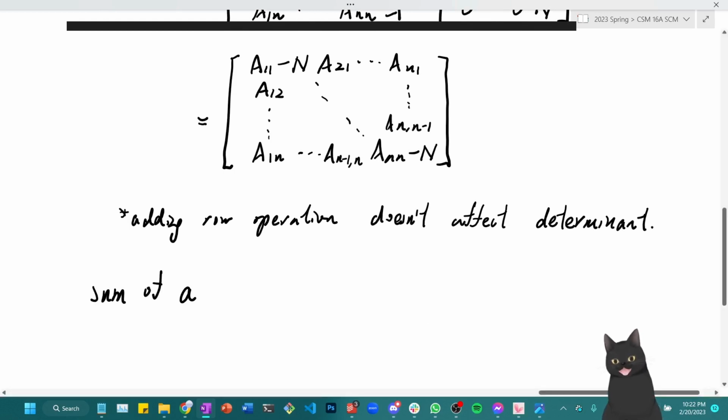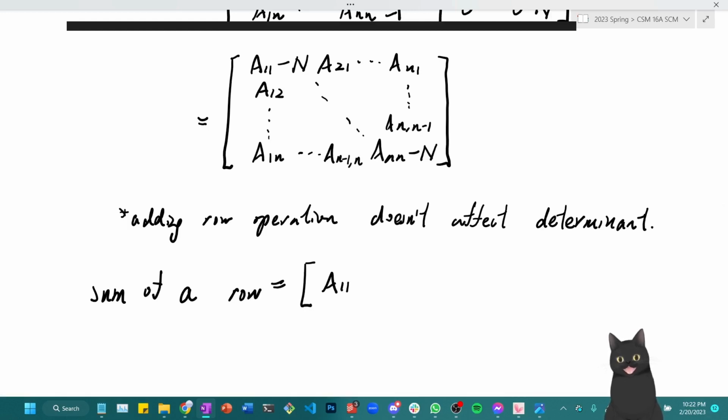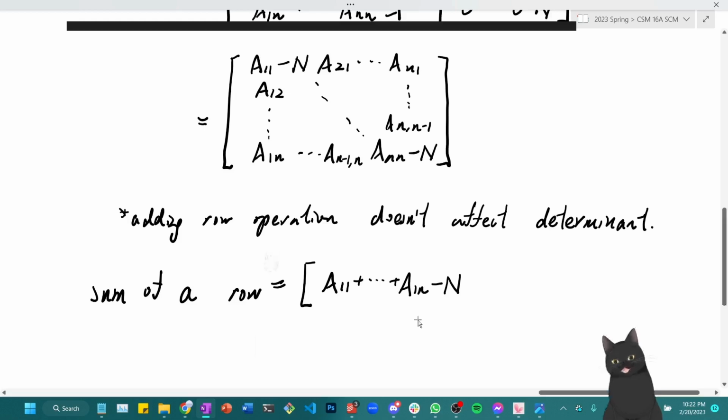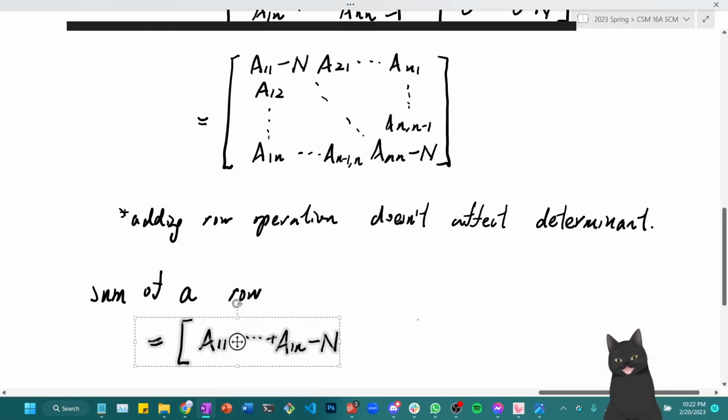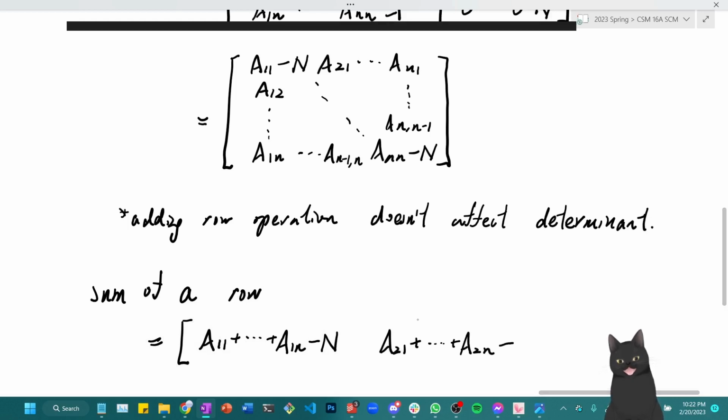then I'll end up with a row vector, which is basically, the first entry is going to be a11 plus ... plus a1n minus n. The second entry is going to be a21 plus ... plus a2n minus n, until the last entry of this row vector, that is the sum of all rows, is equal to an1 plus ... plus ann minus n.